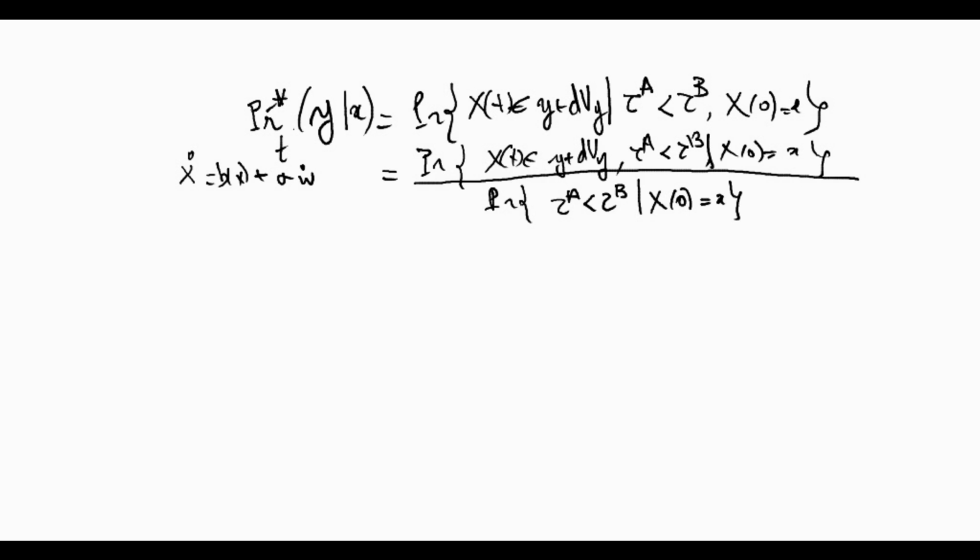Now it becomes interesting to understand what is the probability of the numerator. The probability of the numerator becomes precisely the probability that x of t is at y plus dy, and now this event is independent of tau A being less than tau B, so this is just conditioned on x0 equals x.